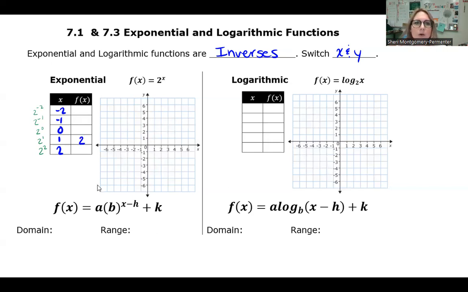And then what about this one? What is 2 to the second power? 4, those are easy. What is anything to the 0 power? Type it in your calculator so that you remember 2 to the 0 power.